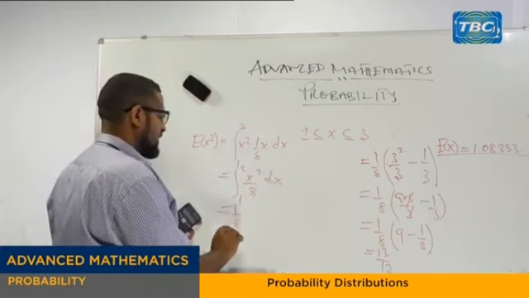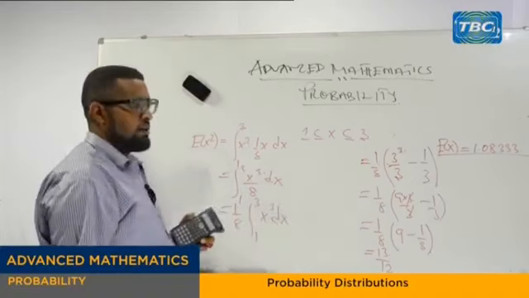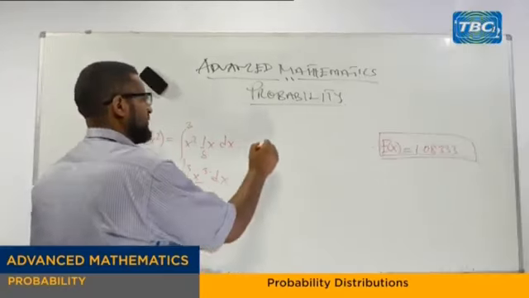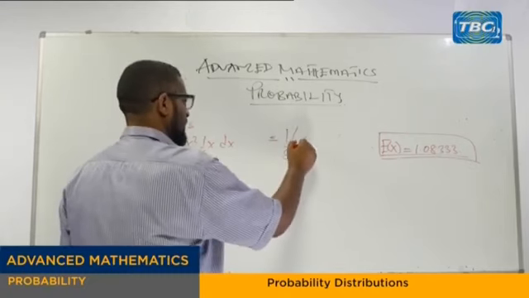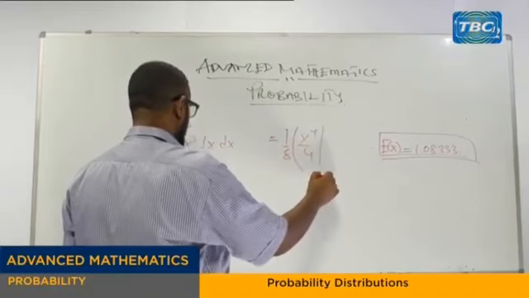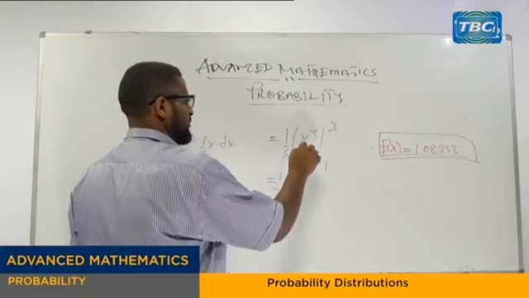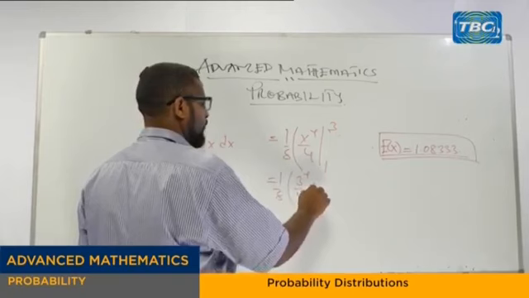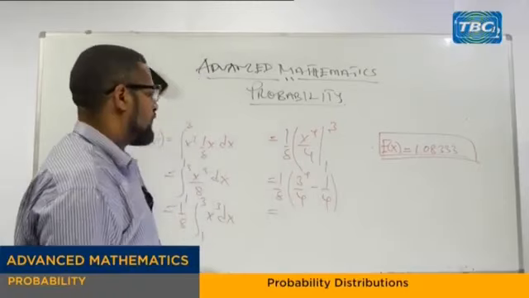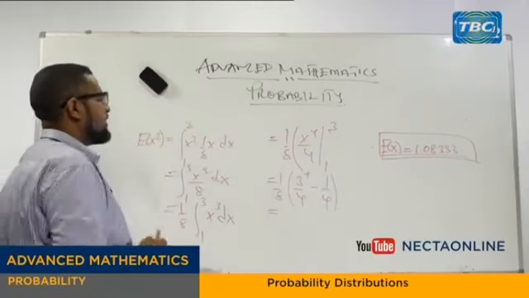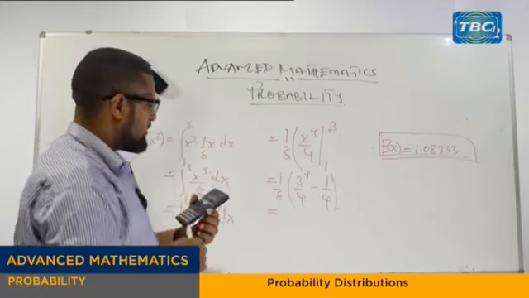So 1 over 8 again out, 1 to 3, the integral of x power 3. When we integrate, we'll be having 1 over 8 times x power 4 over 4 from 1 to 3. So it's 1 over 8, 3 power 4 over 4 minus 1 over 4. When we simplify, you'll be able to find the value of the expectation of variable x squared. So 3 power 4 is 81.